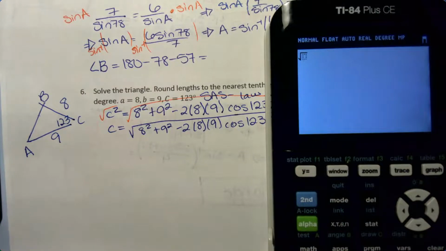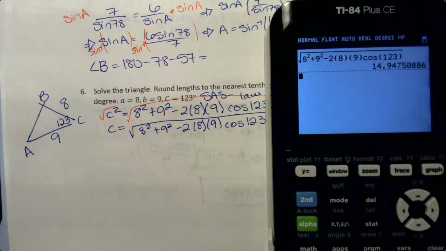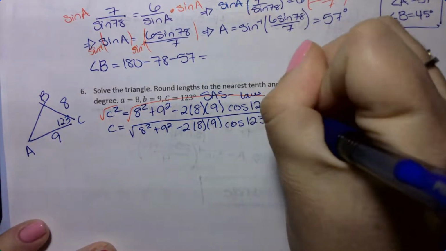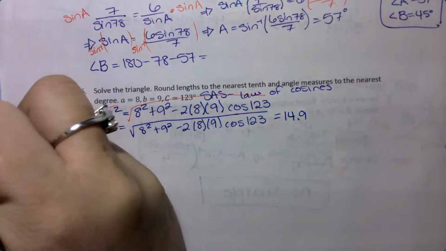So then I have 8 squared plus 9 squared minus 2 times 8 times 9 cosine 123. And then I just press enter. This is a side length, so I'm going to round to the nearest tenth, which is 14.9. And I'll just write this off to the side.